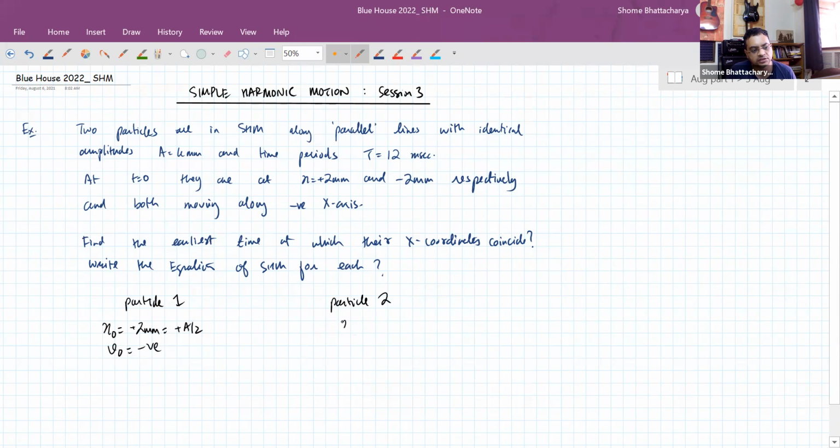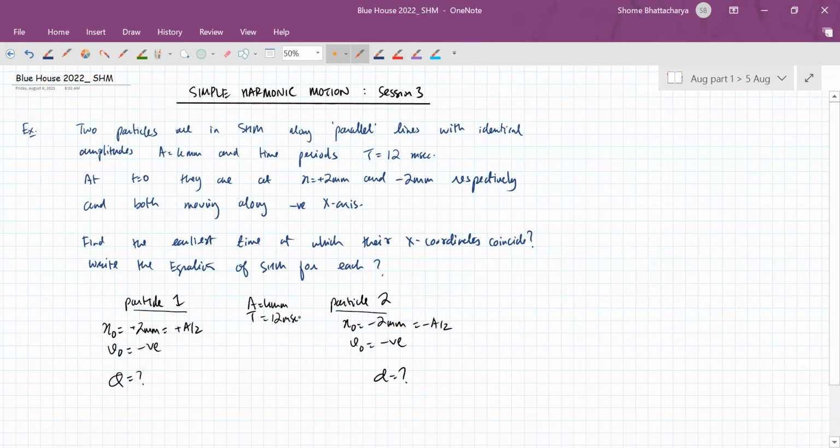For particle 2, the initial position is minus 2 millimeters or minus A by 2, and the velocity is also negative. So what will be the phase constant for this one? They both have amplitude equal to 4 millimeter.